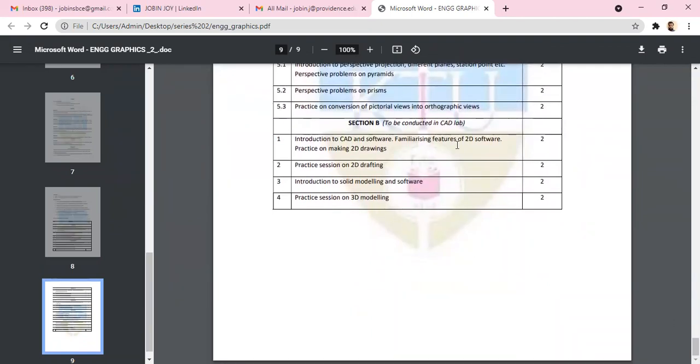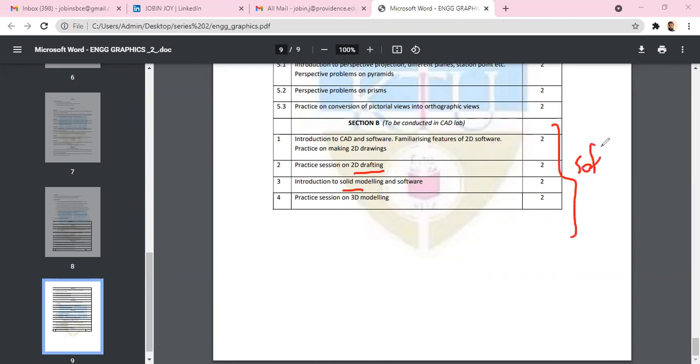And here section B, the total hours 2 plus 2 is 4, 4 plus 2 is 6, plus 2 is 8. So total 8 hours you have to complete solid modeling, also 2D drafting in software.